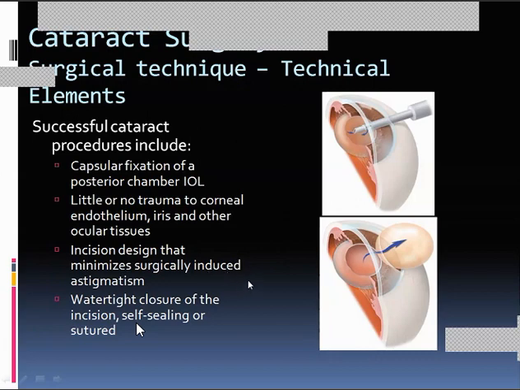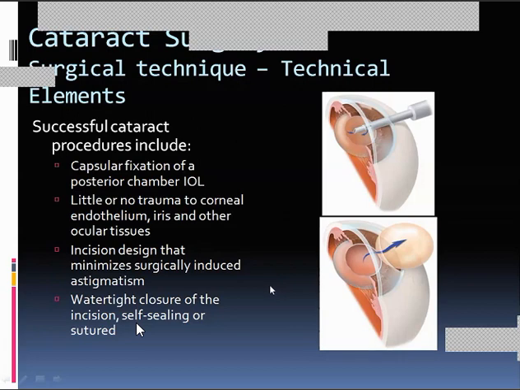We never get a clear image in the case of astigmatism, so we have to minimize the surgically induced astigmatism. All care should be taken, and usually we give the incision 2 millimeters away from the limbus. It should not be too large, and it should not be ragged. Whenever we apply the sutures, they should be properly applied, not too tight or too loose.